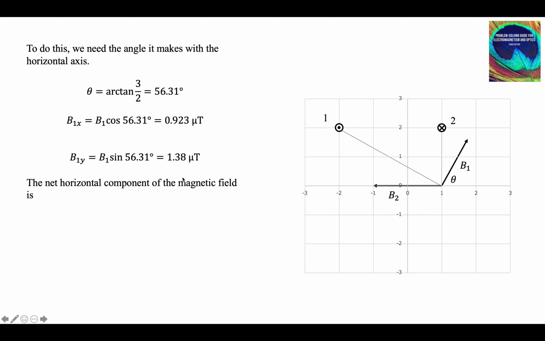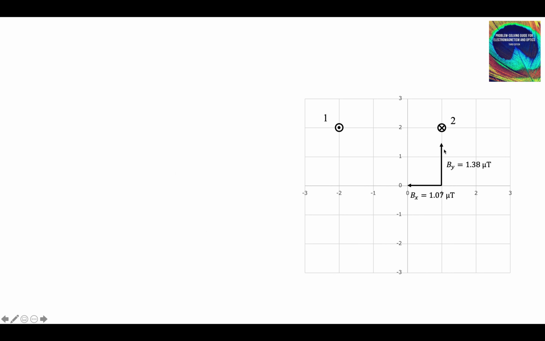To get the net horizontal component, we got B1 this way, B2 that way. B2 is 2 microtesla to the left, and we get minus 1.068. So the net magnetic field is minus 1.068 this way, and the vertical component's easy, it's just from B1. So that's 1.38 microtesla straight up. So now we have 1.07 microtesla this way, 1.38 microtesla that way.